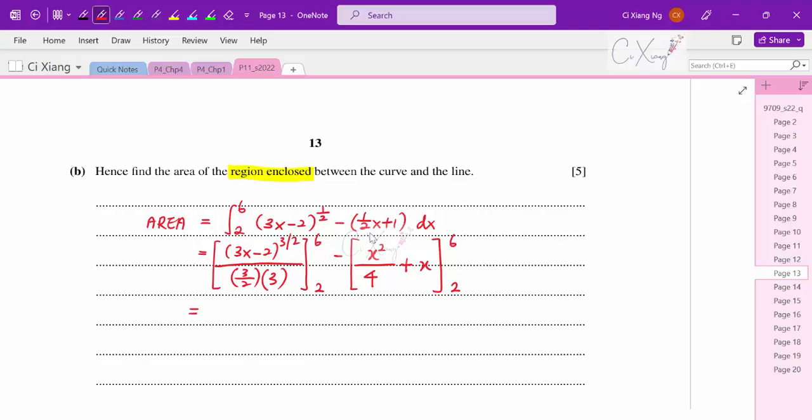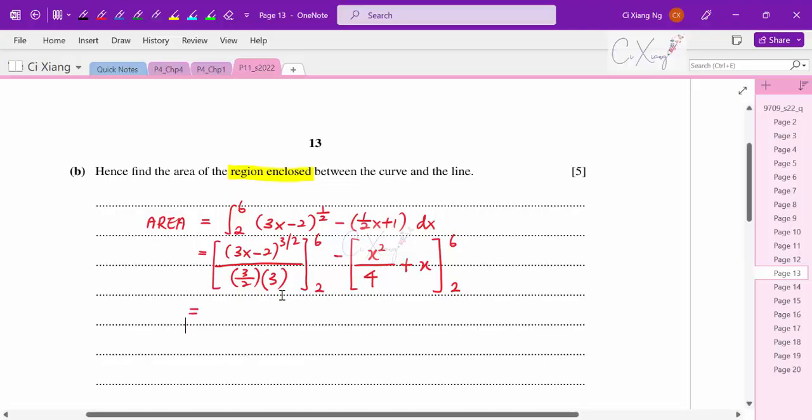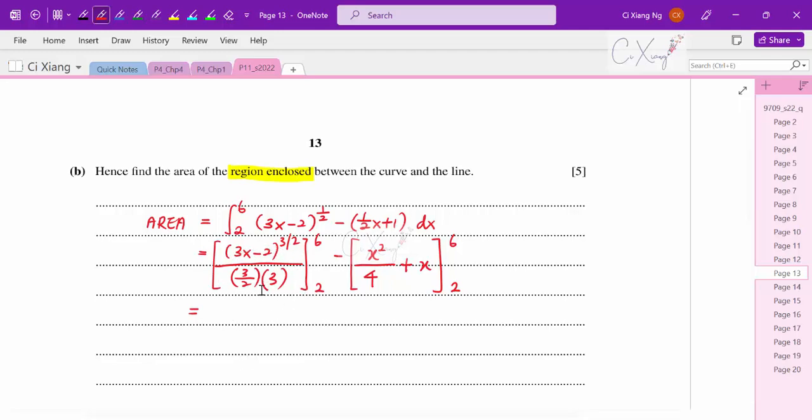Before I substitute any value inside this expression, I usually prefer to simplify all my constants first. If I simplify this constant, basically I'm having 2 over 9, and after that, I'm having (3x minus 2) power 3 over 2. Later I want to put in the values for 6 and 2.